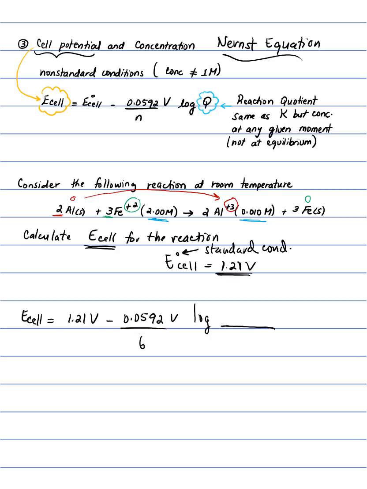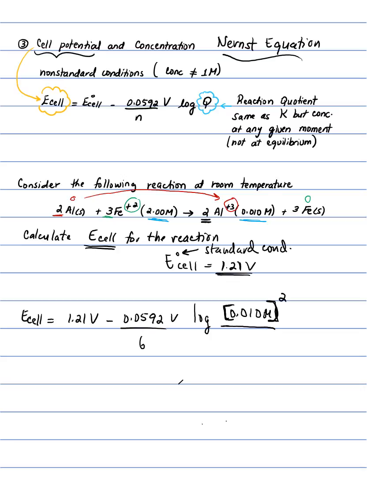All of the ions that you have been seeing in all of the reactions are always aqueous. So aluminum plus 3, that's your product right there. The concentration for aluminum plus 3 is 0.01 molar. And you have a coefficient that is equal to 2.